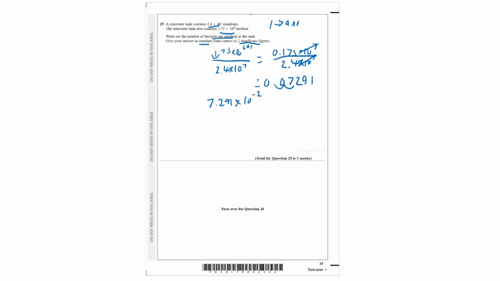But now that it's in standard form, it's a lot easier to comprehend. And we give it to two significant figures. Since we follow 1 to 4 we round down, 5 to 9 we round up. Since the next value is 9, we round up. So we finally have 7.3 times 10 to the power of negative 2.